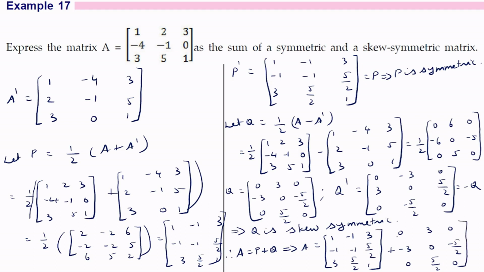So if we add these two, we will get A. So this is how we can express a square matrix as a sum of symmetric and skew symmetric matrix.